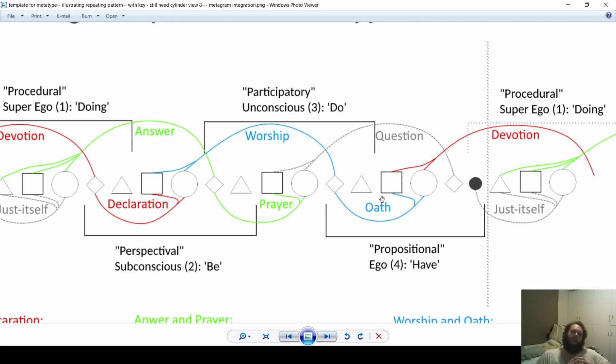We can look back through our Facebook feed or our web browsing history, and then we can actually survey the monkey mind.